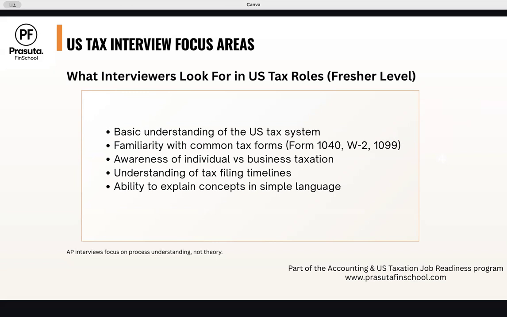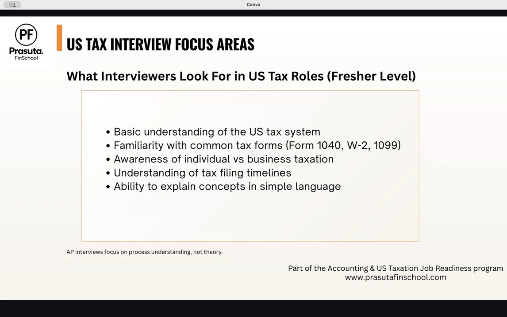They only expect that you know what you are applying for, and you have a rough idea about what US taxation is, how it is done, and some familiarity with this US tax system. Familiarity with common tax forms like Form 1040, W2, 1099, awareness of individual versus business taxation, understanding of tax filing timelines, and ability to explain concepts in simple language.